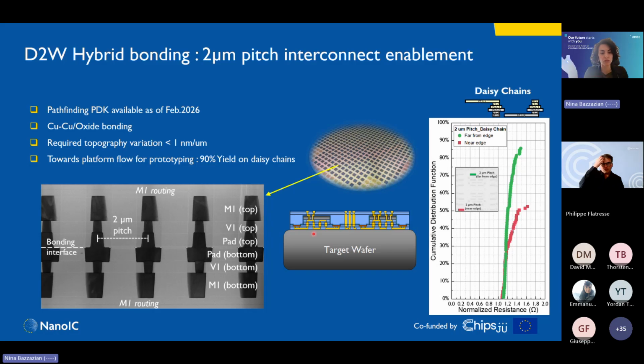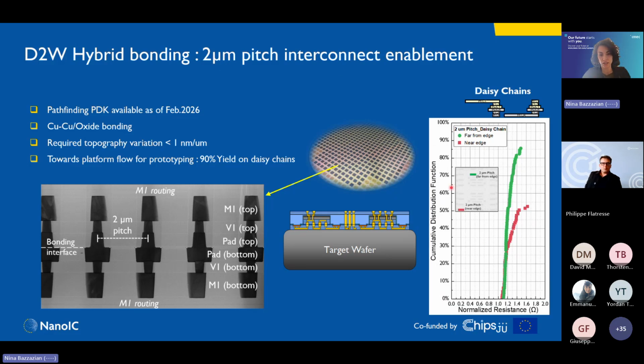And similar developments are taking place in other pilot lines, for example, APEX, and that is actually what positions Europe in a leadership position. So here we are developing wafer-to-wafer hybrid bonding with extremely fine pitch interconnects.